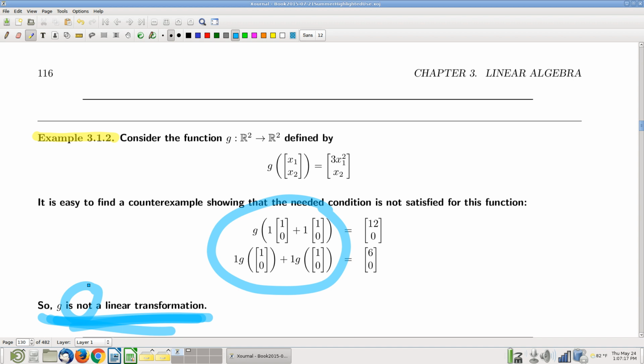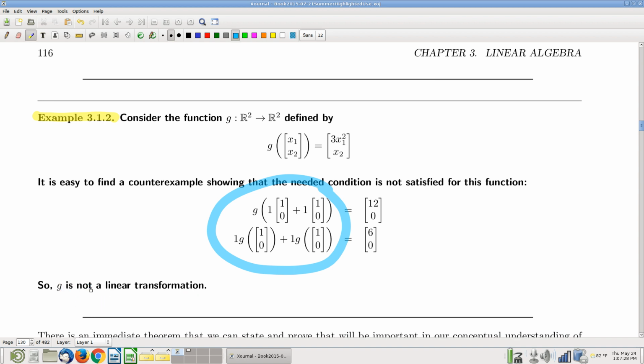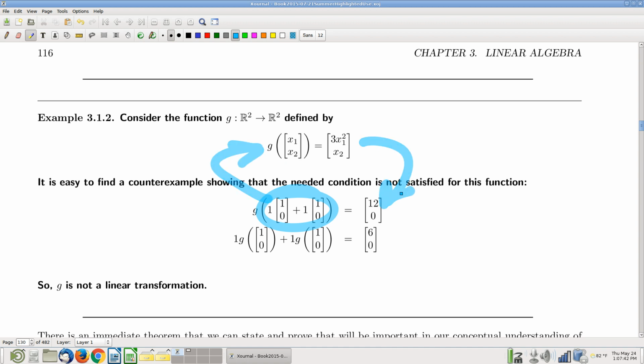So that's why I put a non-zero number in the x1 in the counterexample, and of course it works. Okay. Oh, it's just arithmetic. So if you take that linear combination, compute it as a vector, that gives you 2, 0. Okay, plug it in, turns into 12, 0. Yep.